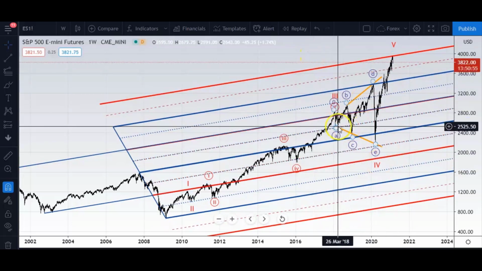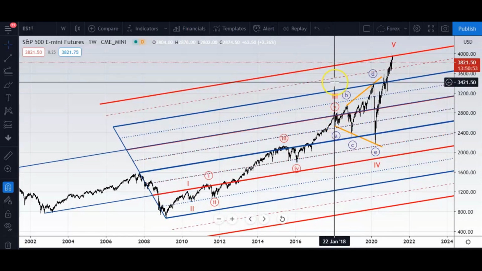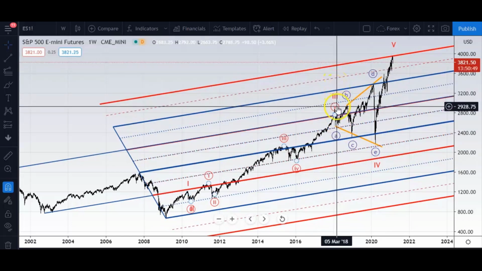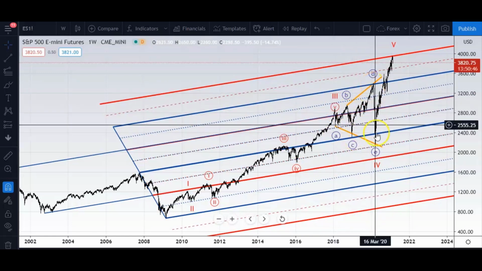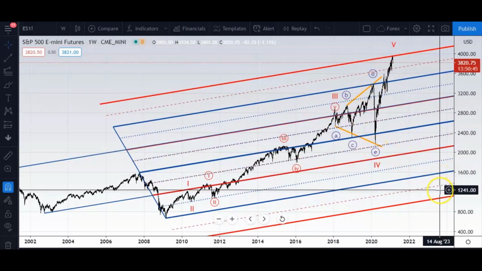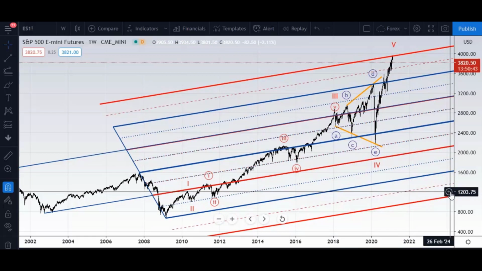Now, I view whatever happened here since the January 2018 high as what we call an expanding triangle that took multiple years to actually complete. Very fitting pattern that pops up in very volatile markets.